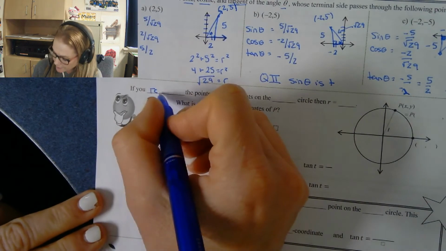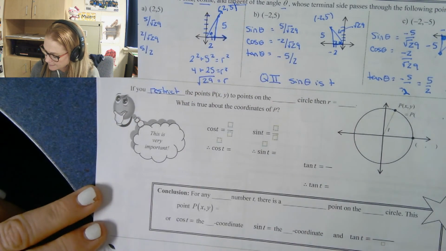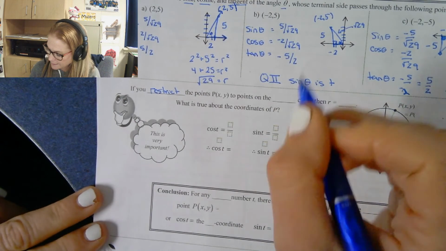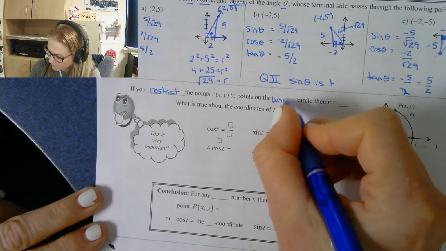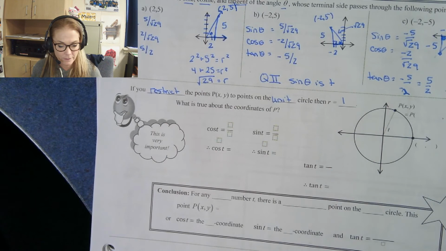But if we restrict the points (x, y) to the points on the unit circle, then the radius is 1. What is true about the coordinates of P?